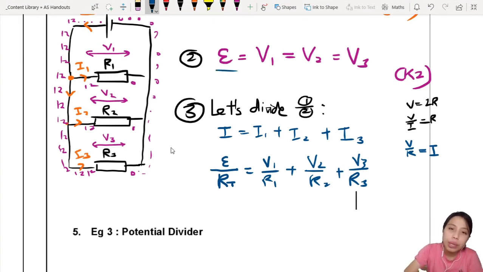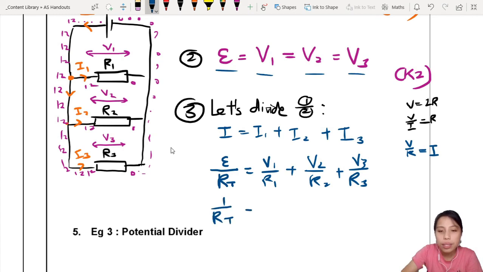So when you see this or this or this or this, you can divide out. So I divide everything. The E is gone, the V is gone, everything's gone. So all that's left is 1 over RT equals 1 over R1 plus 1 over R2 plus 1 over R3.